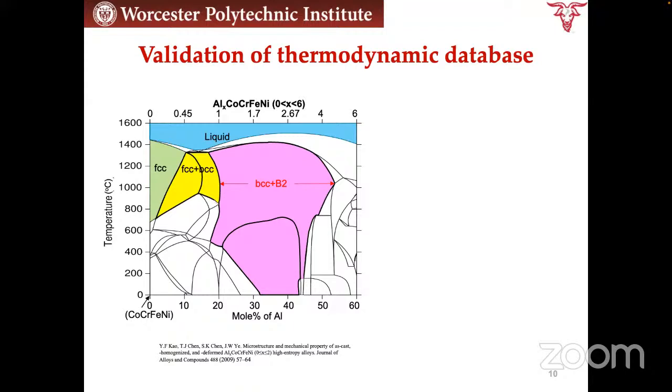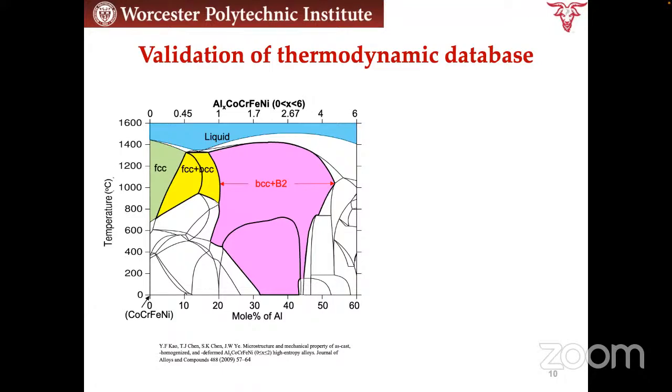Here this is the FCC region, and this is the BCC B2 region. B2 is an ordered BCC phase. In the current work we use this broad definition and call the whole region BCC. And then here we have an FCC and BCC mixture.